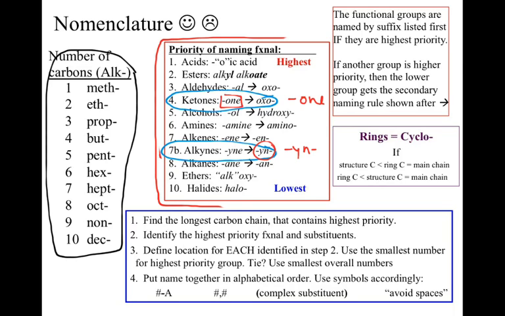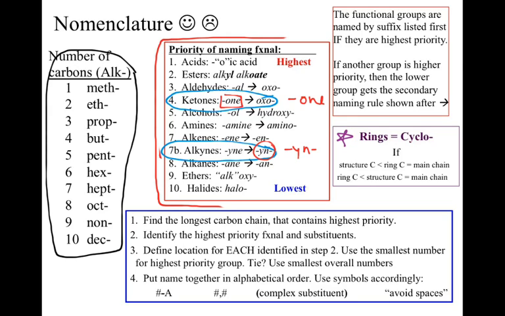Next is a small box that we see. If we have ring structures, we'll refer to them as cyclo compounds, because bicycle, cycle, cyclic. And when we refer to them as cyclo, we need to be a little bit more careful about establishing their main chain.